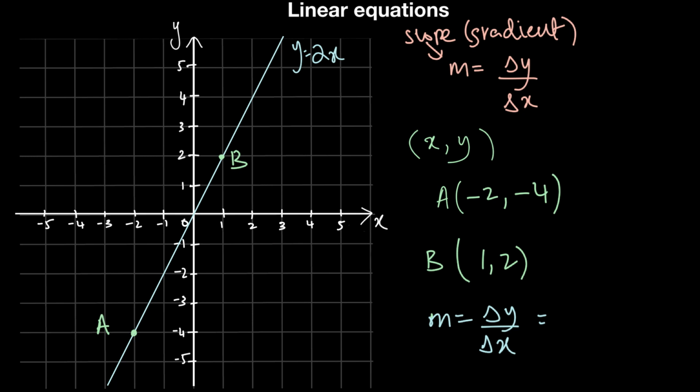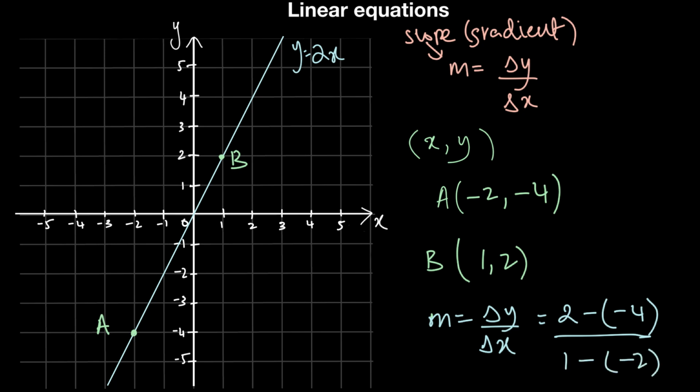So the change in y is the end point, which is +2, minus the starting point. The end point being B and the start point being A, the change in y is +6, whereas the change in x is 1 minus -2.